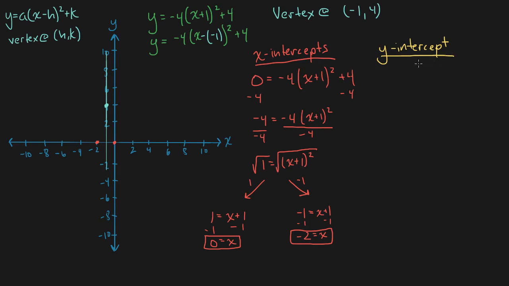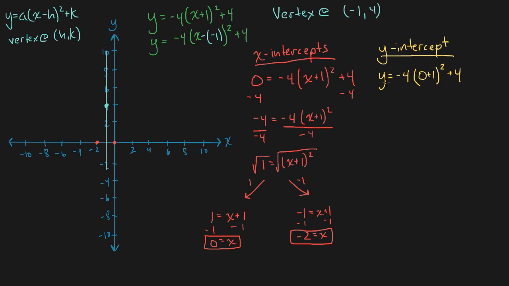So remember, for my y-intercept, I'm just looking for the point at which x is equal to 0. So I can rewrite the equation here, and I'll just substitute in a 0 for x. Y is equal to -4 times 0 plus 1 squared plus 4.